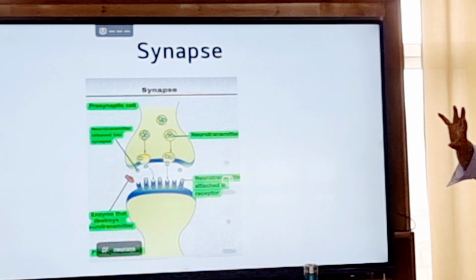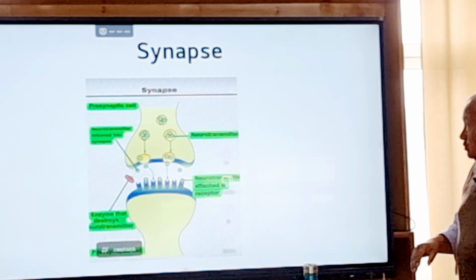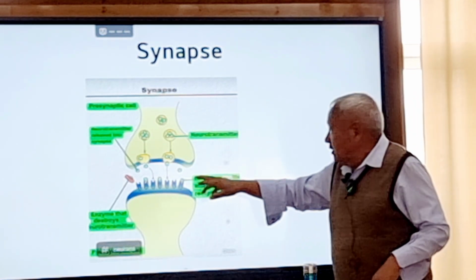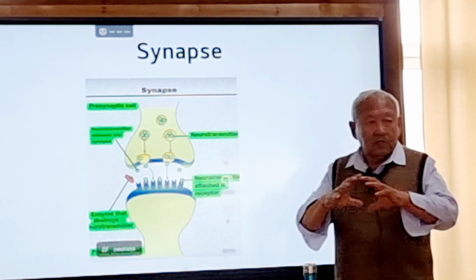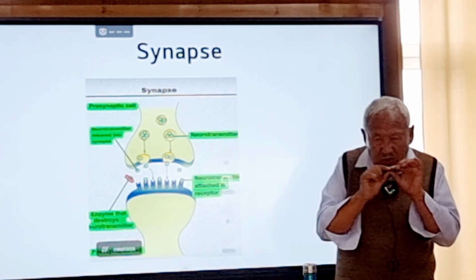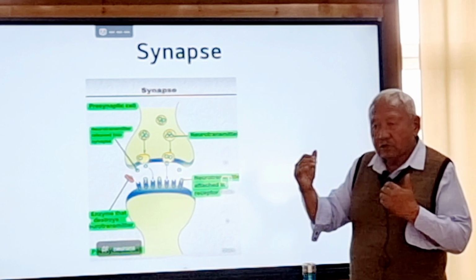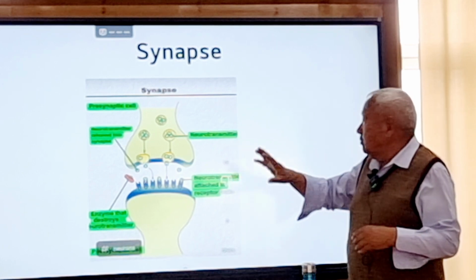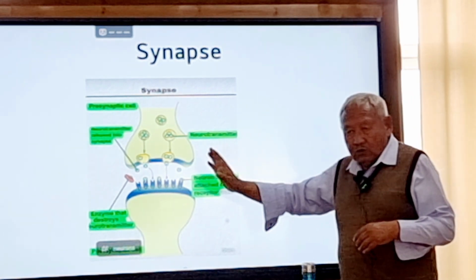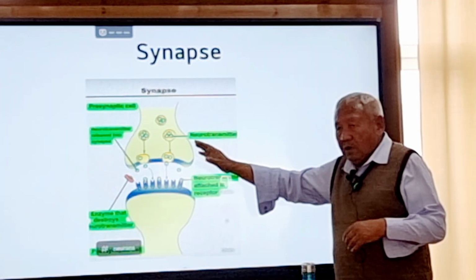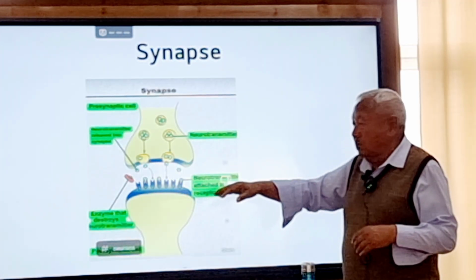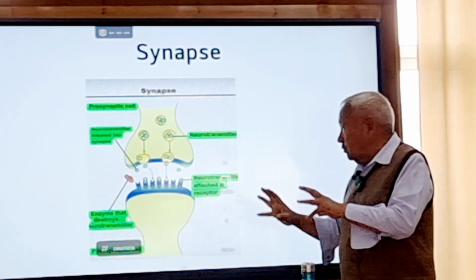Here I have what I explained in a small way. This is the synapse. Here it is shown very big, but it's a very small synapse. A synapse can be between dendrite and dendrite, between neuron and axon, between axon and soma, the body also.